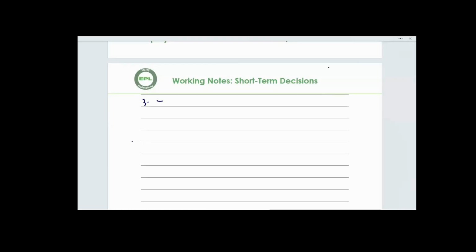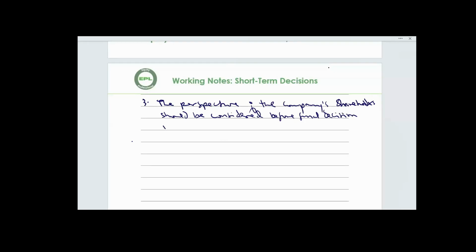We can say the perspective of the company's shareholders should be considered before final decision is taken on the closure of vanilla.